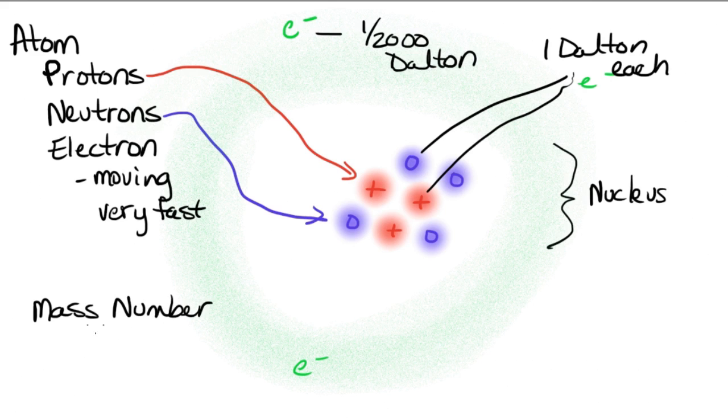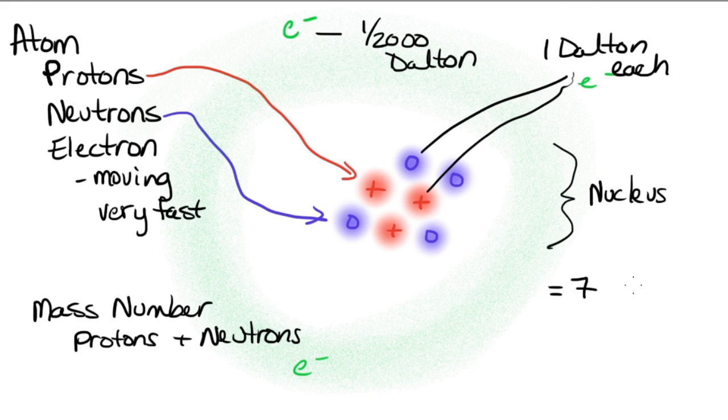So the mass number gives us an approximate mass, and this is going to be just adding together the protons plus the neutrons. And so if we were trying to determine the mass number of this particular example that I've drawn here, hopefully you can see that in this case, the mass number does happen to equal 7. So 7 Daltons would be the mass that we have here.